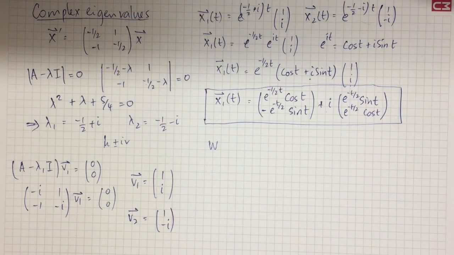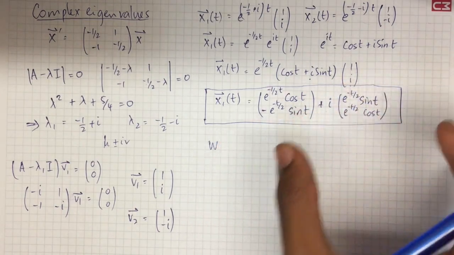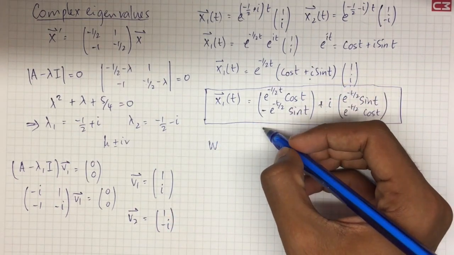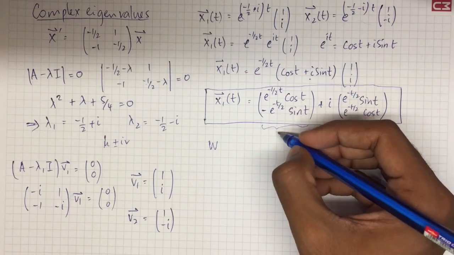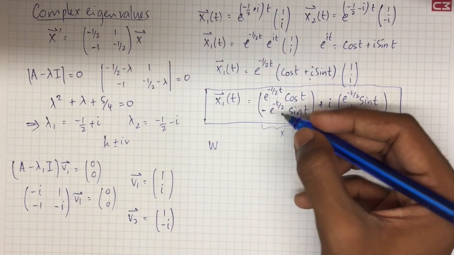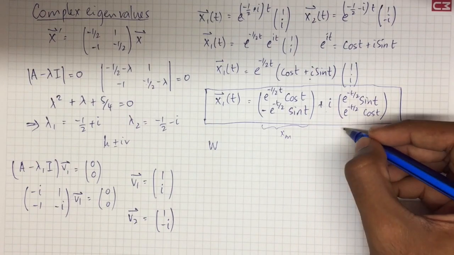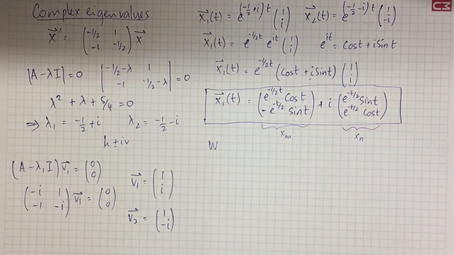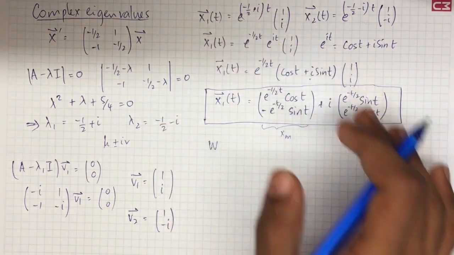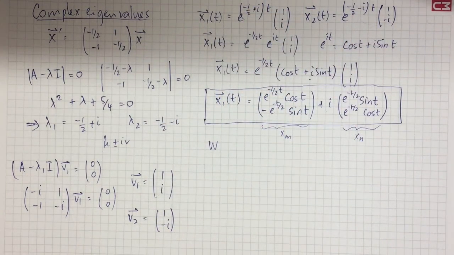That's the question now. Since we are writing this as a linear combination of 2, I'm just going to take this vector as one of them. Since I've already used up x1 and x2, let me just say xm and this one as xn. These have nothing to do with x1 and x2. Honestly, I should have used some other name other than x.